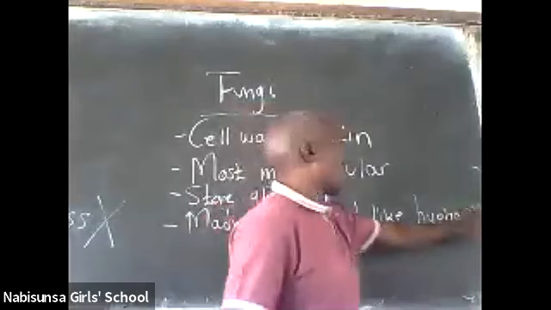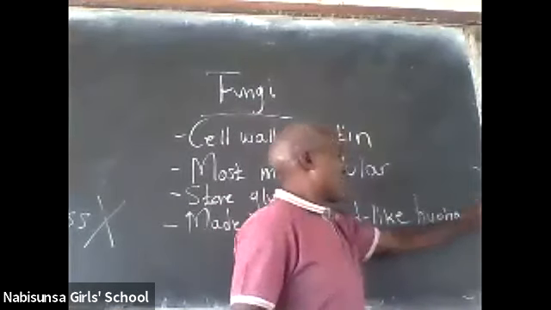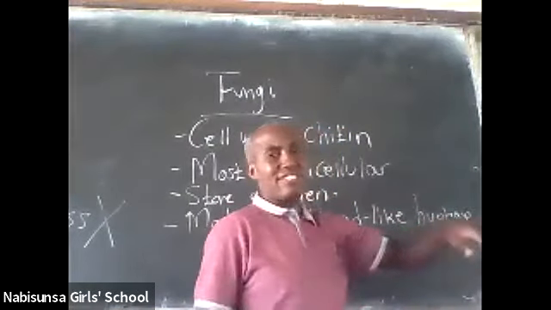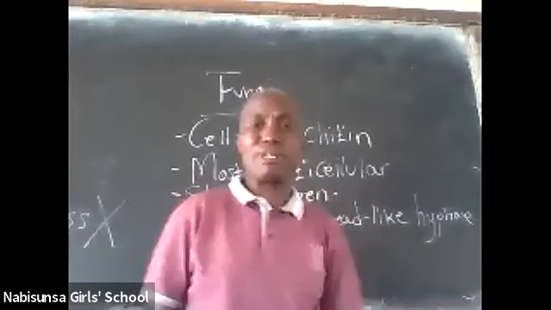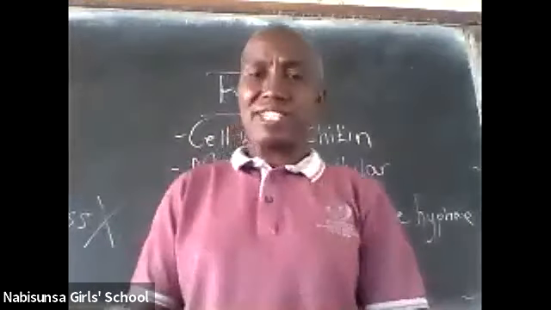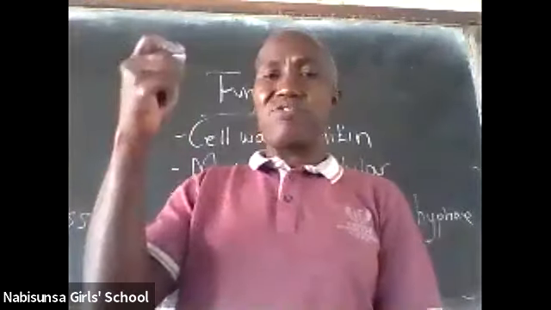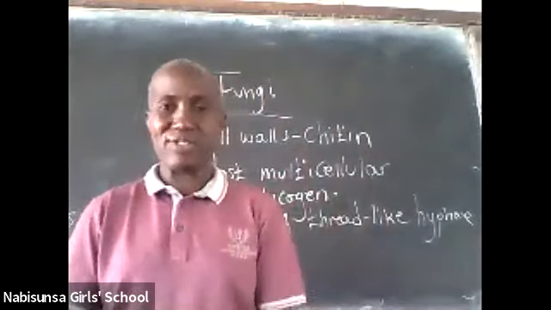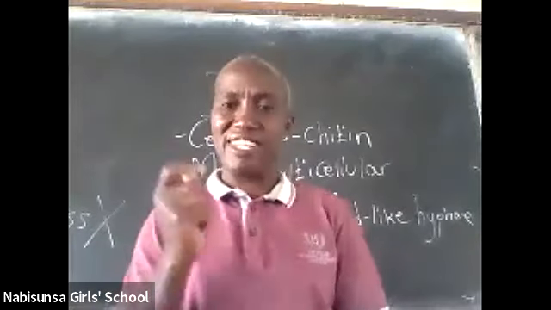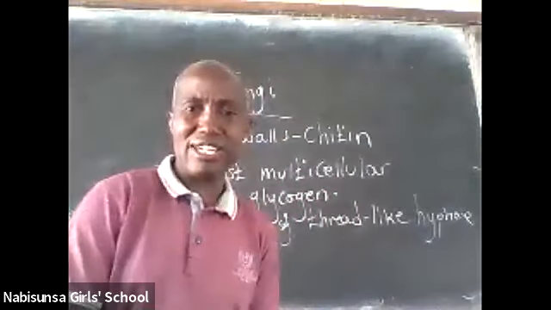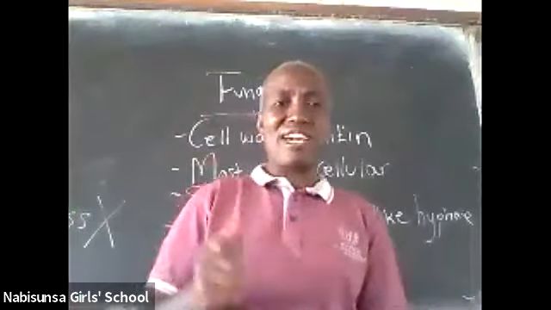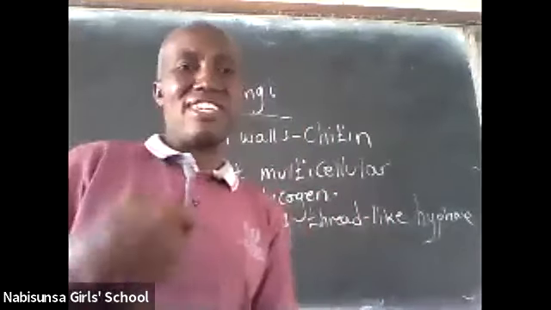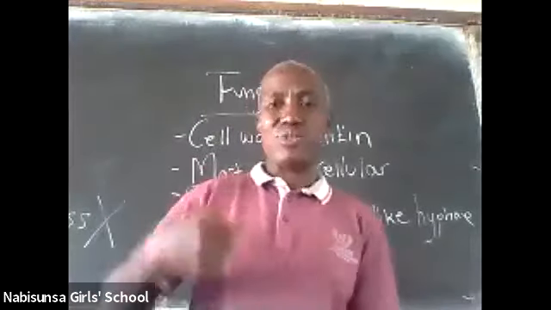If it is one, we call it a hypha. If there are many, just add an E and it becomes hyphae. We are saying a group of hyphae, the body of a fungus, is called a mycelium. M-Y-C-E-L-I-U-M.